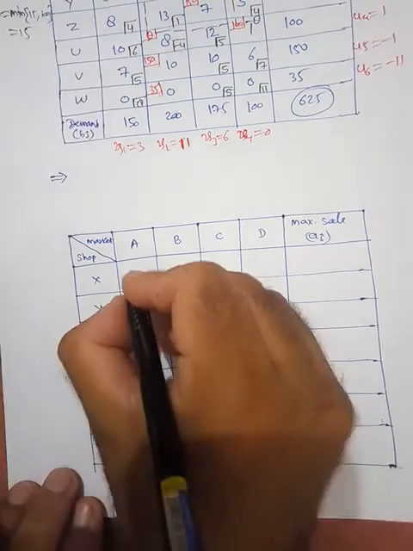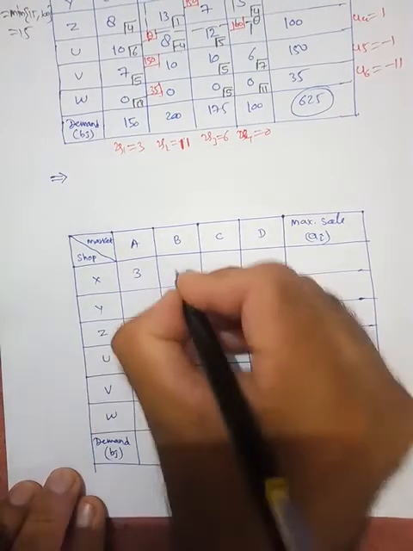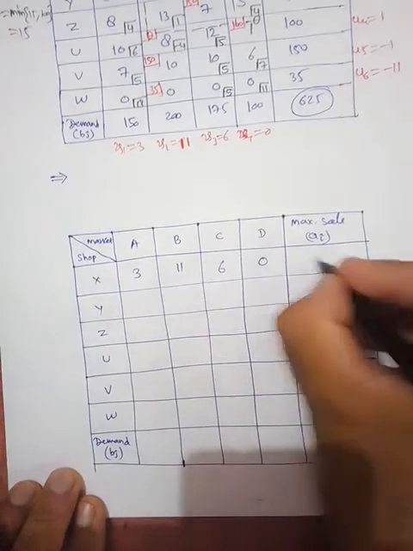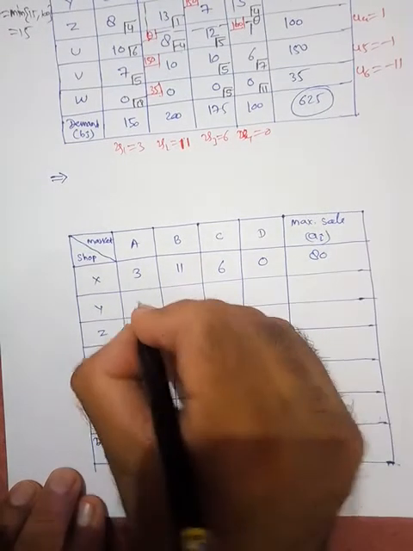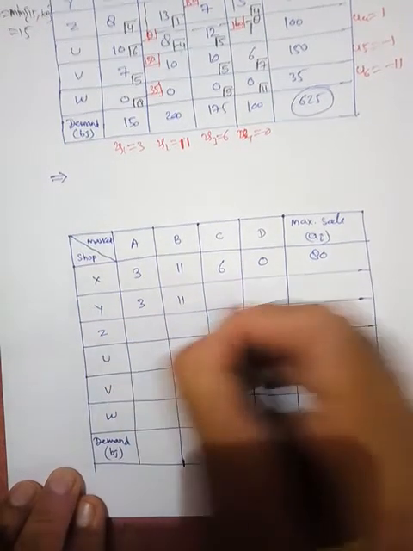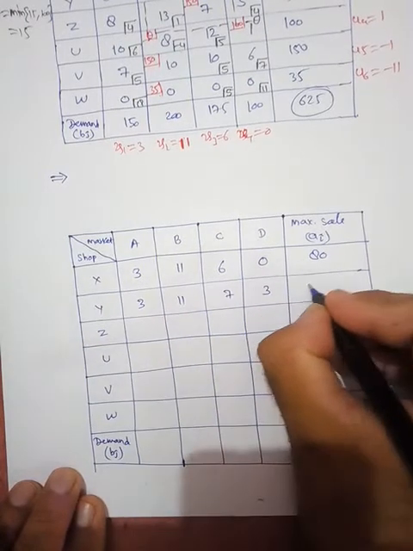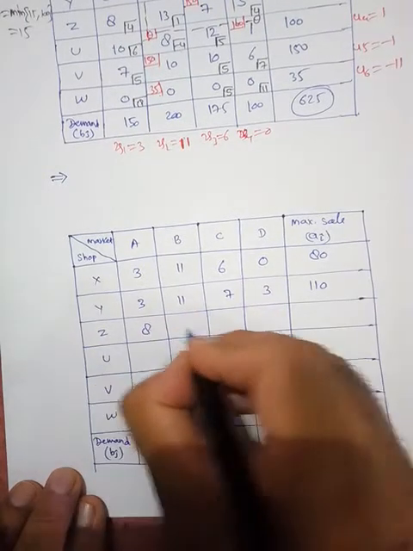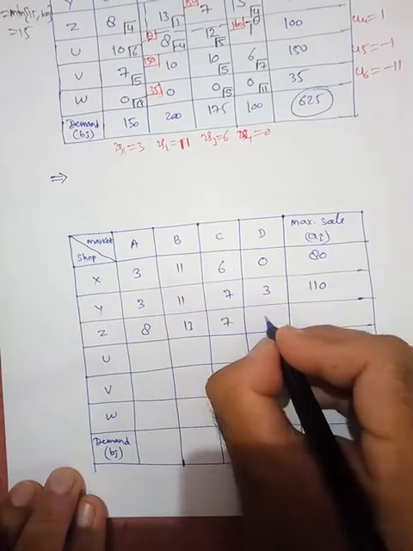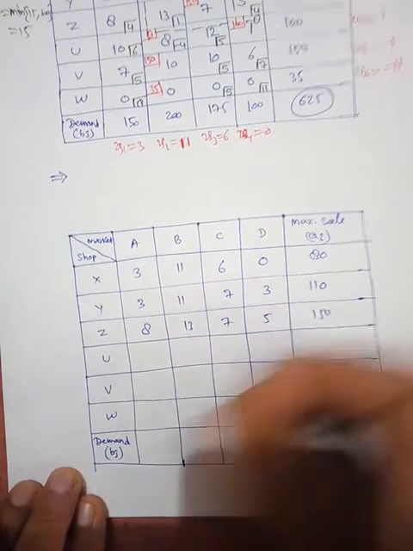So here is 3, 11, 6, 0, 80. Here is 3, 11, 7, 3, 1, 1, 0, 8, 13, 7, 5, 150.